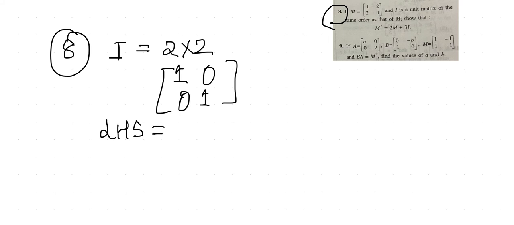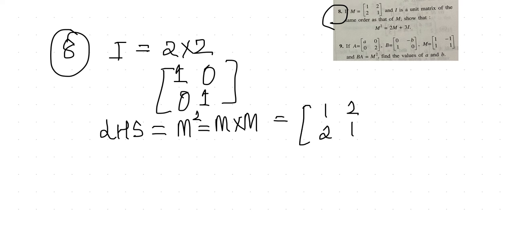In LHS you will be taking m square, which will be equal to m into m. Okay. So you can just be doing this. This is easy. Numbers are also easy. And this you will be multiplying by 1, 2, 2, 1. Diagonal matrix. Okay. Then for RHS what you will be doing?